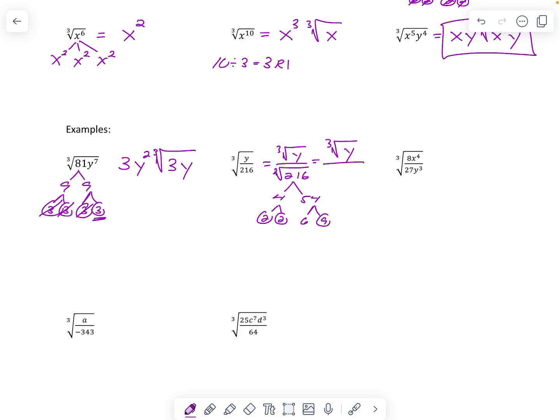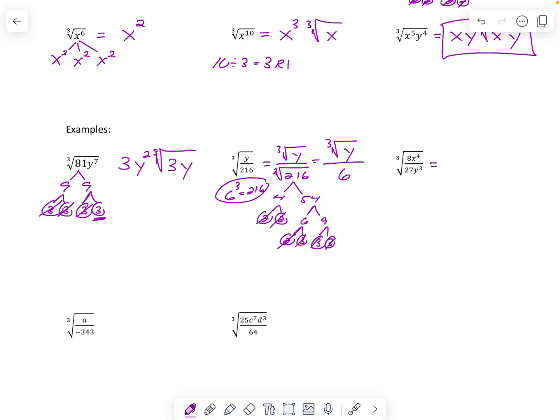Oops, don't circle the 9. 2 times 3. 3 times 3. So looks like we have 3 2s and 3 3s. So 2 times 3 comes out, or 6. So in other words, 6 cubed must be 216 is what we found out. Let's check it. I'm going to check it right now. Yep, that's right.